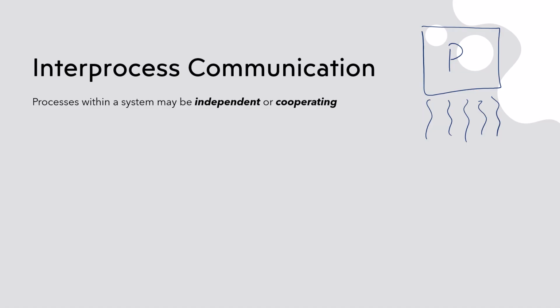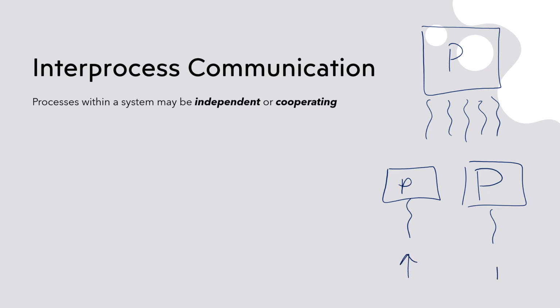Threads would be cooperating because they work together in the same process, and most of the time the point is to speed up execution. But if you have two separate processes, and each has just a single thread of execution, sometimes processes can be independent, which means this process does its own work and that process does its own work, and they never have to deal with each other.